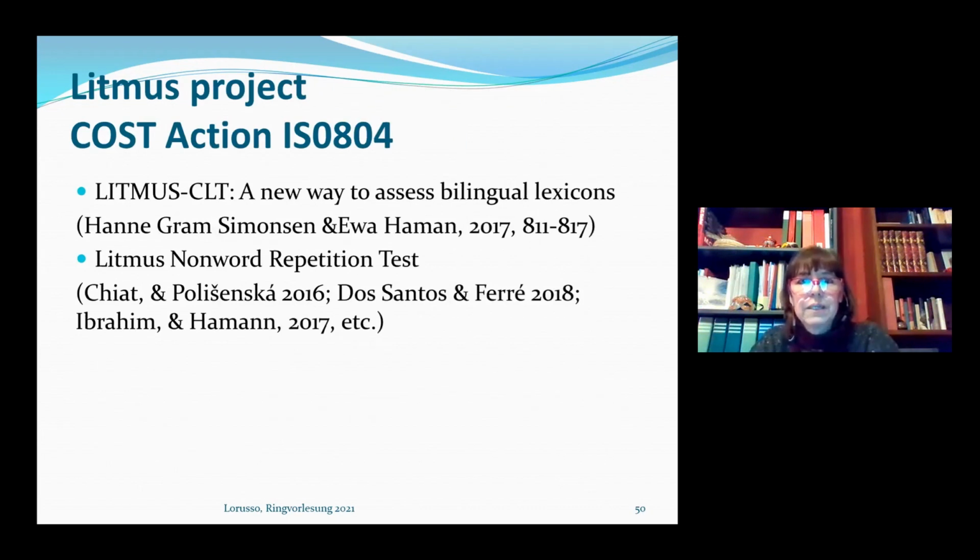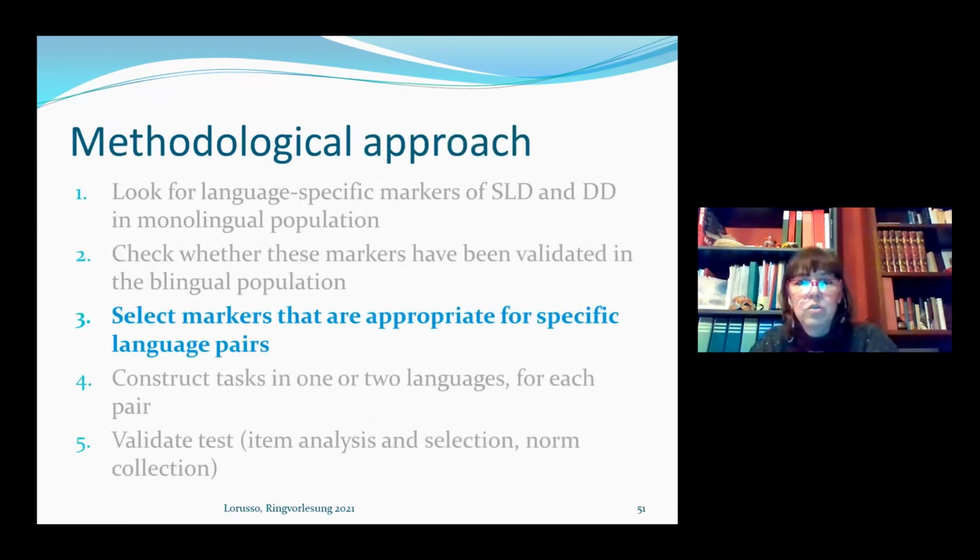So the LITMUS project is the one that provided much of the materials that we used for both the lexical and the non-word repetition tests that we used.